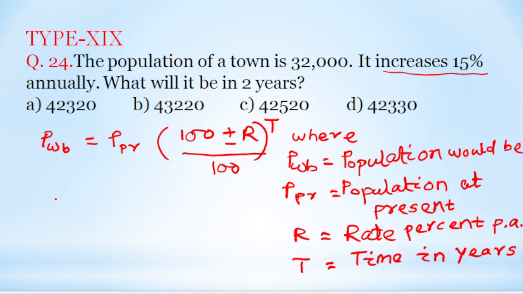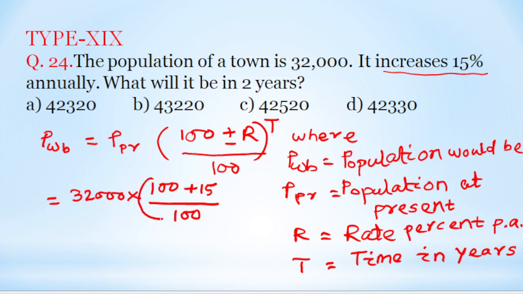So here population would be equal to present population, 32,000, into 100 plus 15 by 100, your time is 2 years. It means we'll have to write here 2.